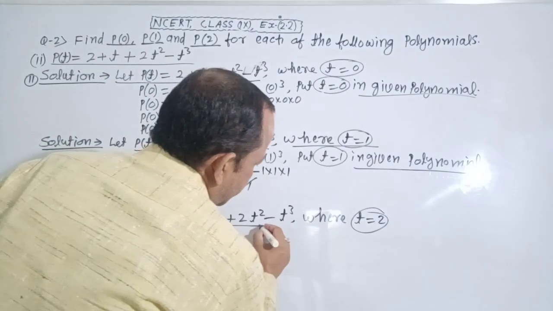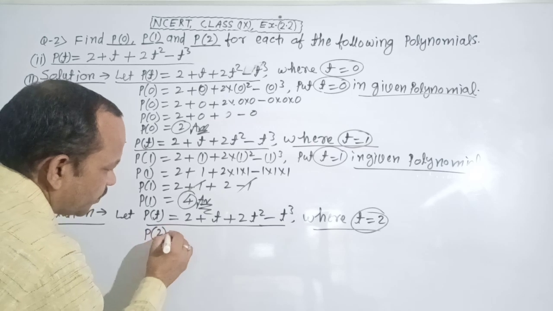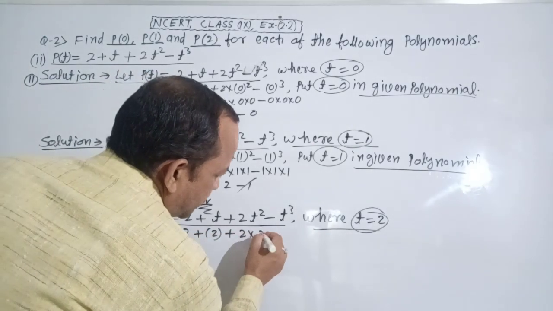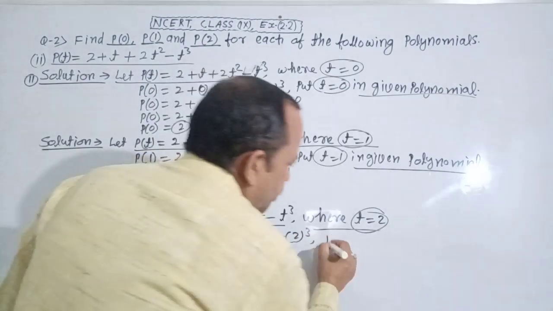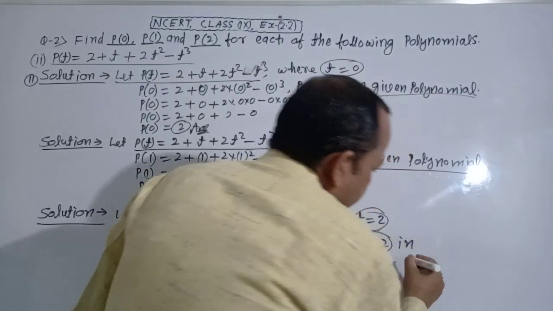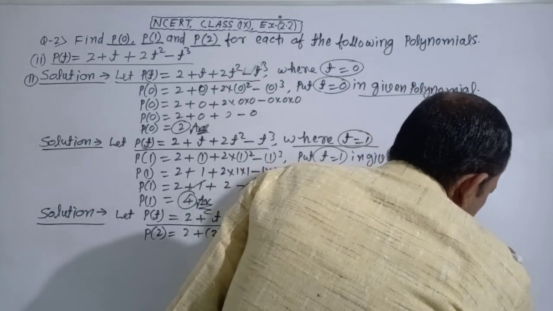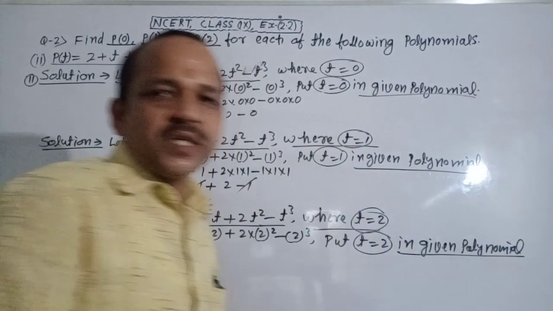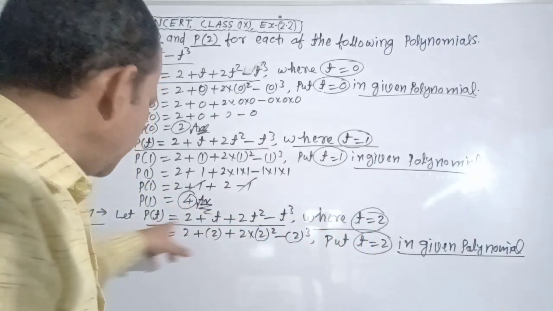It is the given polynomial. Clear? p(2) equal to 2 plus 2 plus 2 multiplied by 2 square minus 2 cube. Put t equal to 2 in the given polynomial. It is clear?